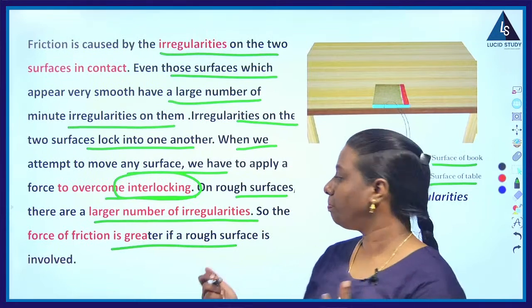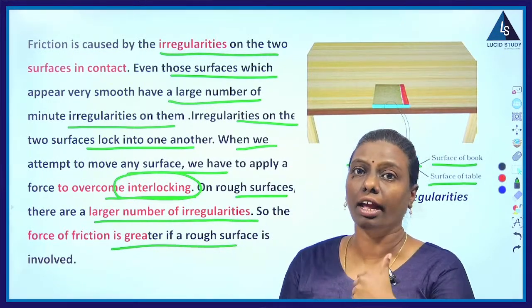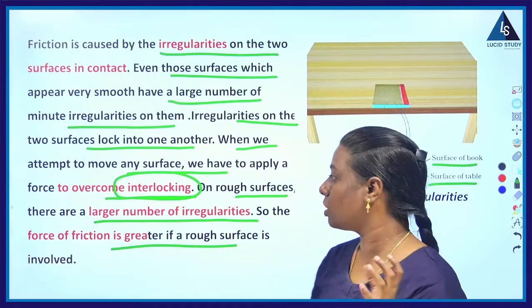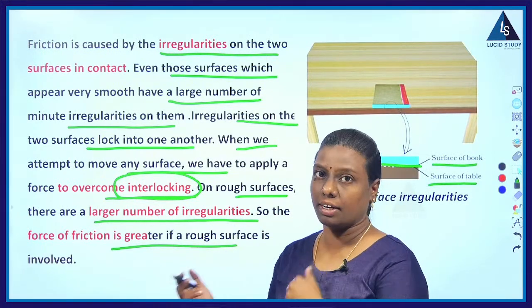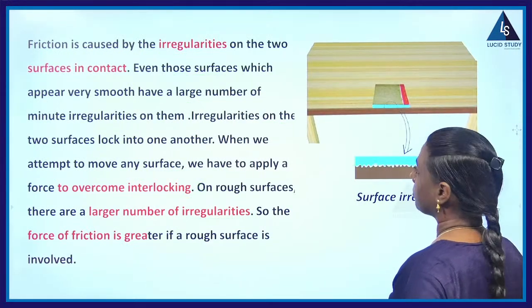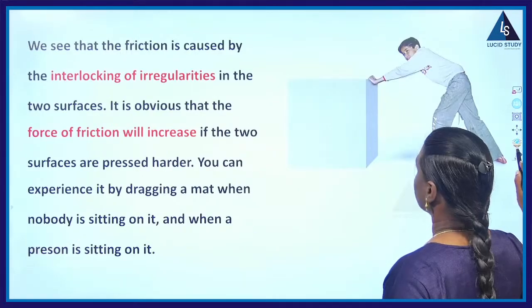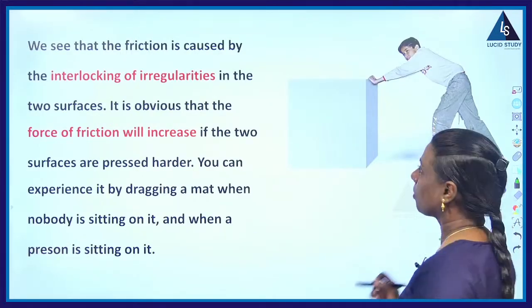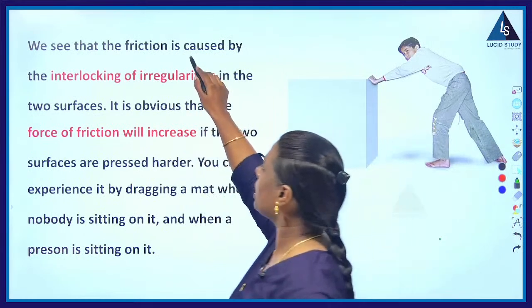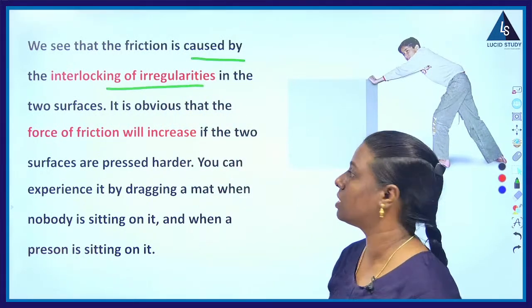For rough surfaces, the irregularities are more, so the force of friction will be greater. So we see that friction is caused by the interlocking of irregularities in the two surfaces.